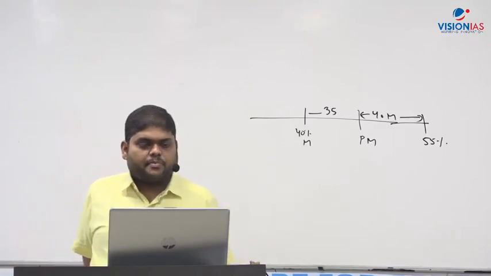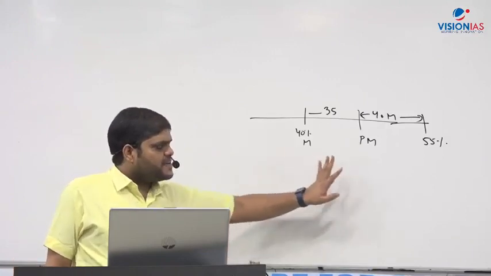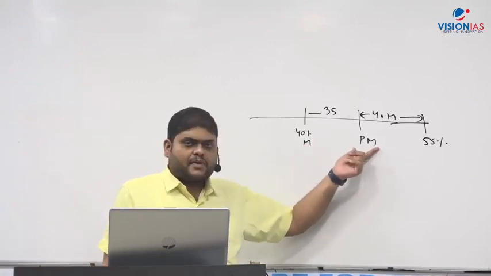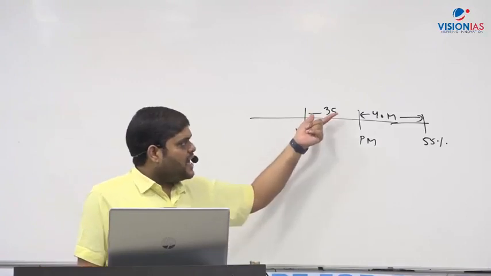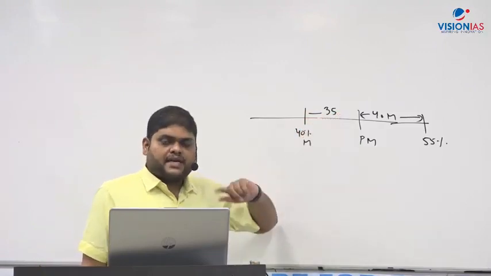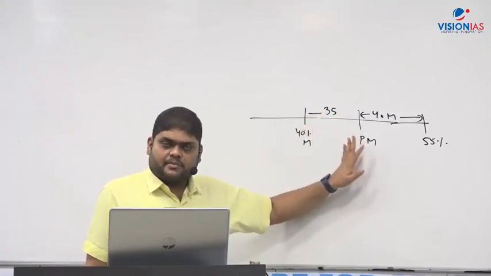Okay, find the pass percentage. So see, again the question is very simple here. The first student is getting 40% marks and he failed the examination by 35 marks. That means if he would have got 35 more marks, he would have passed the examination.